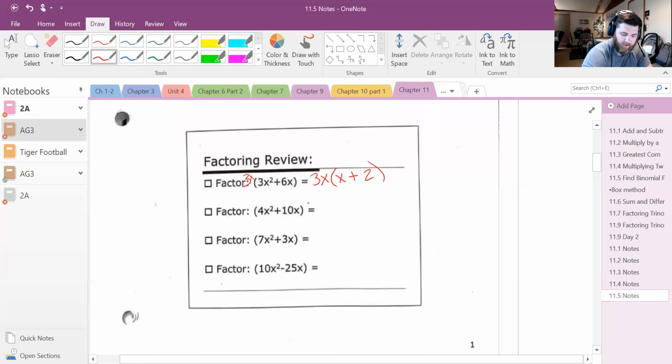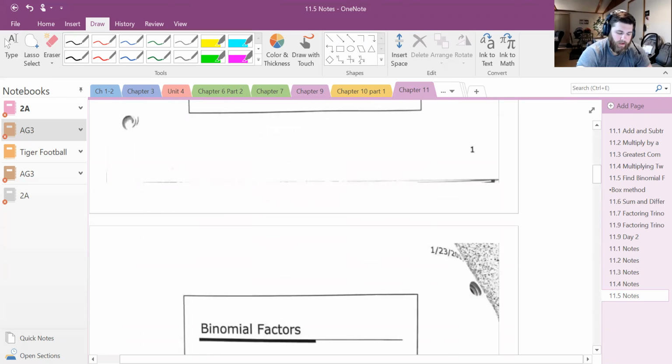What can we factor out of 7x squared plus 3x? Well, we only can factor out an x because 3 and 7 are both prime, right? So we just factor out an x, take 1 off, and voila. Pretty simple. In the bottom, it's going to be 5x, so we're left with 2x minus 5. Done. That's monomial factoring. Remember, we're only taking one term out.